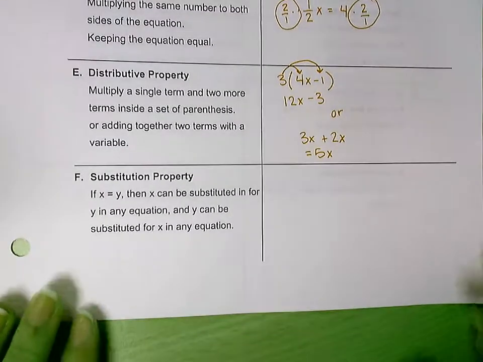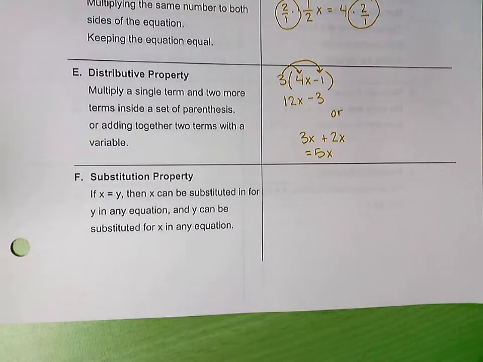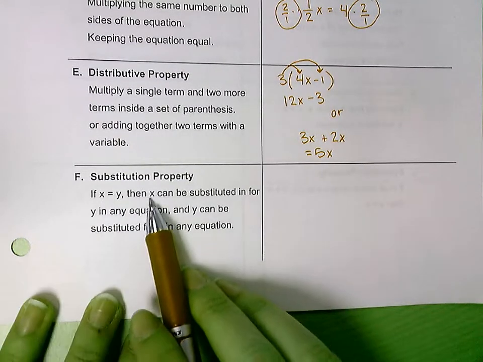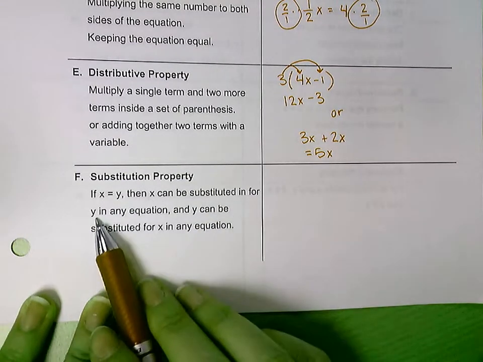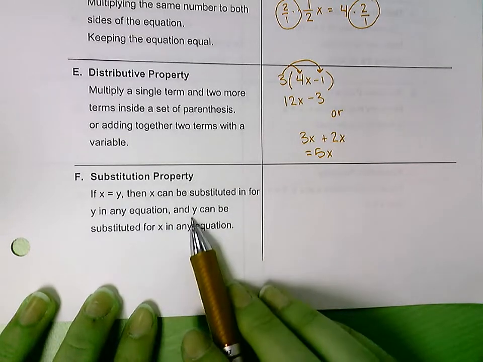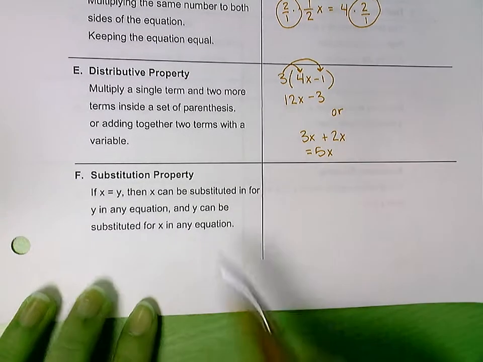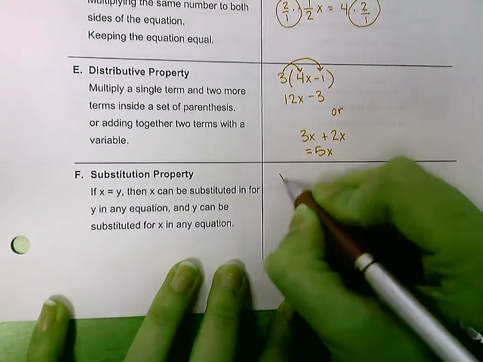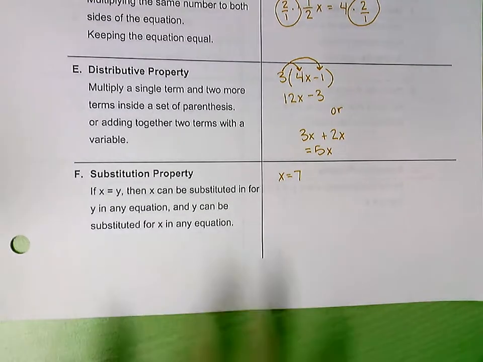Letter F is substitution. You're substituting something else in. So if I have x equals y, then x can be substituted in for y in any equation, and y can be substituted in for x in any equation. So if I have x is equal to 7, I know I found x and it's 7.